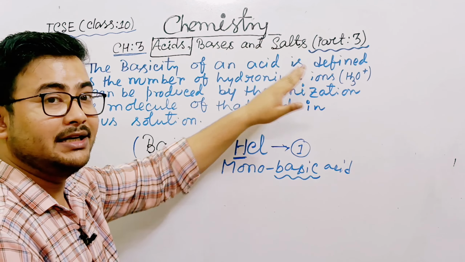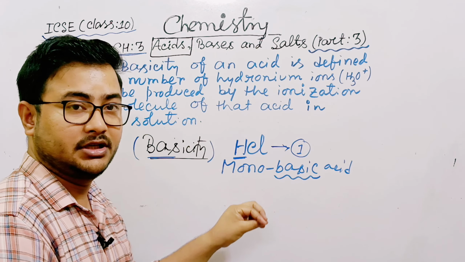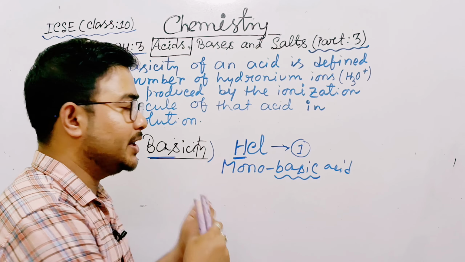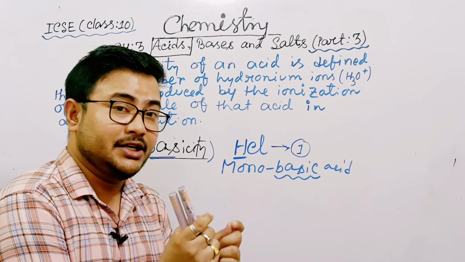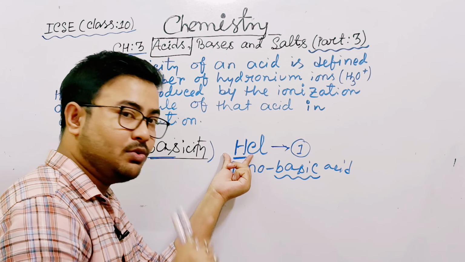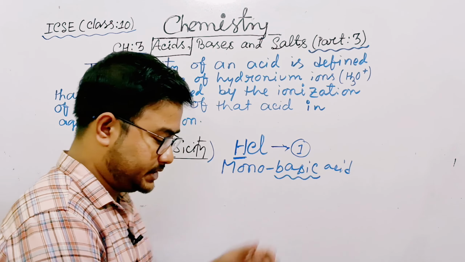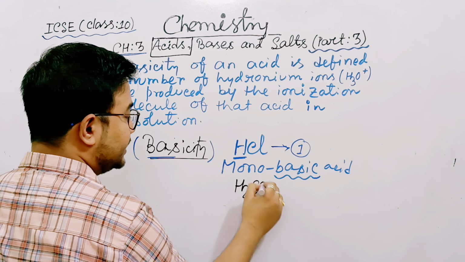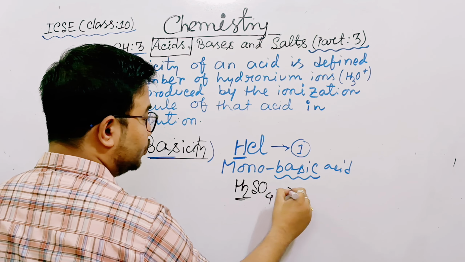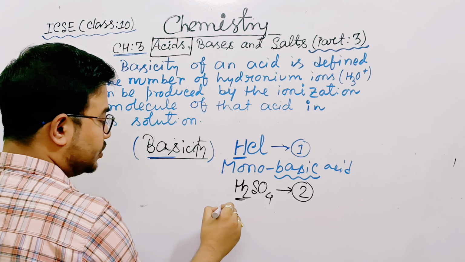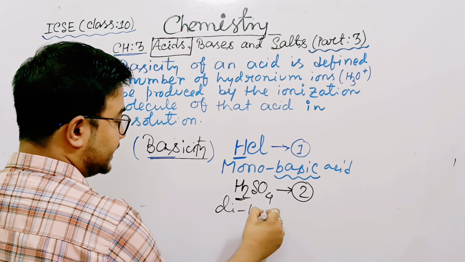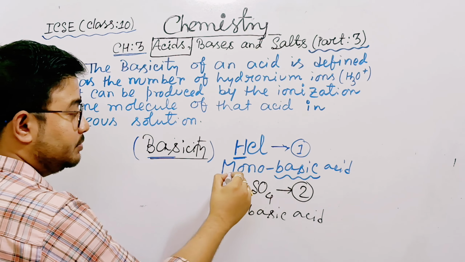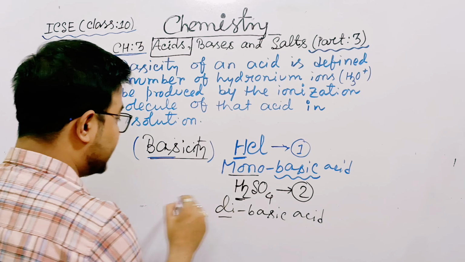In this part I will discuss in depth the main concept of basicity, but at the start I want to discuss the primary concept. If generally 1 hydrogen, this is called monobasic acid. If there are 2 hydrogens, suppose H2SO4, how many hydrogens? 2, so it is called dibasic acid. 1 means mono, 2 means di.